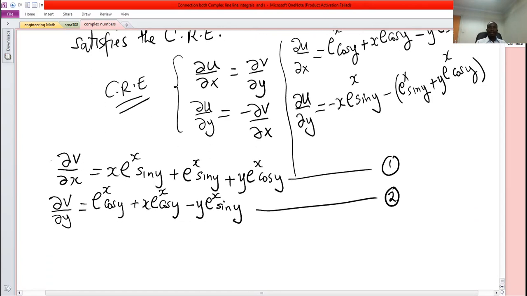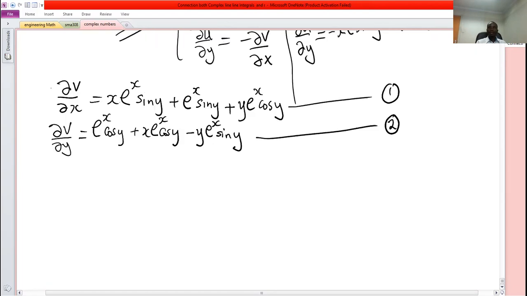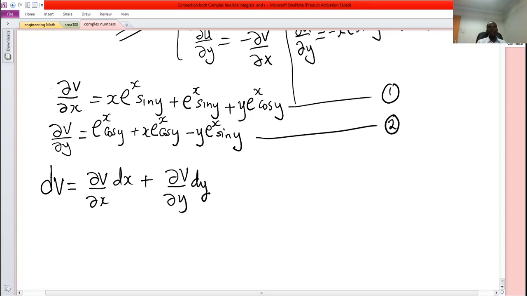From calculus, we know that dv is partial v partial x dx plus partial v partial y dy.